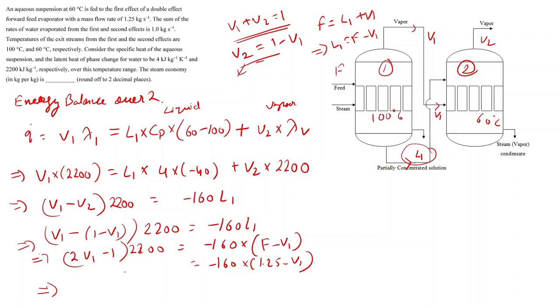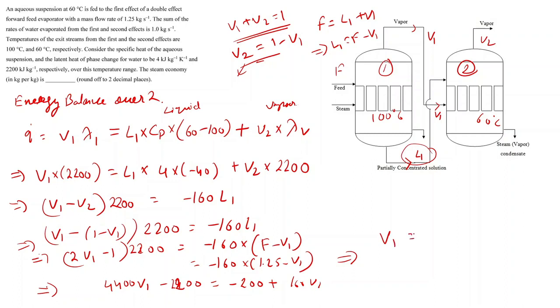So we can write this as 4400 V1 minus 2200 is equal to minus of 200 plus 160 V1. From here we can solve for V1.